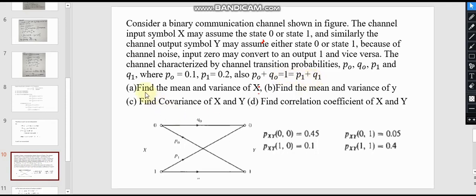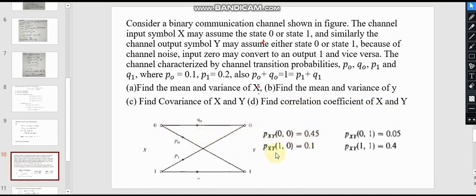So we have to find the mean and the variance of random variable x, find the mean and variance of random variable y, find the covariance of random variables x and y, and find the correlation coefficient of x and y. Here the joint probability of x equal to 0 and y equal to 0 is 0.45.